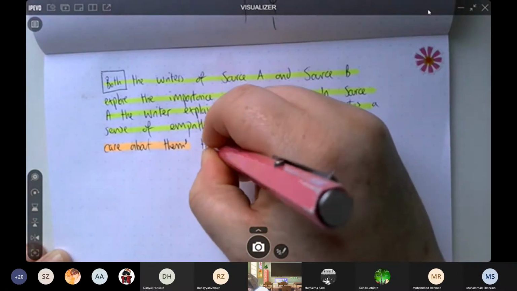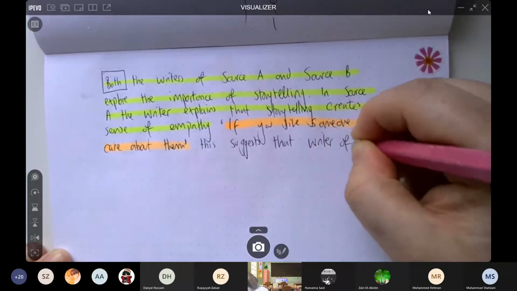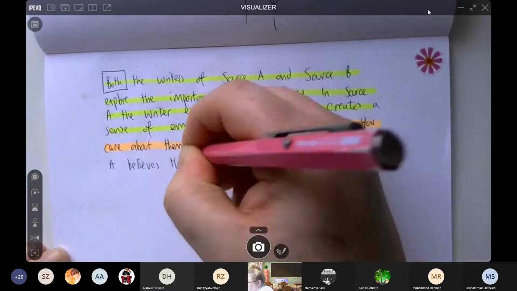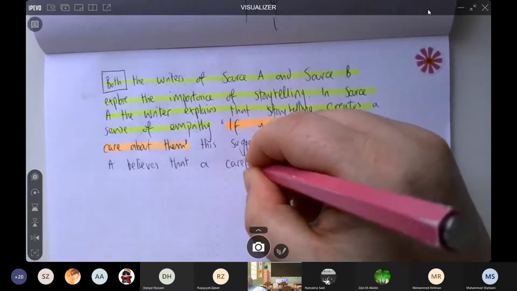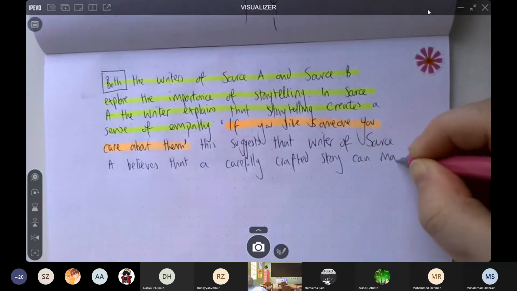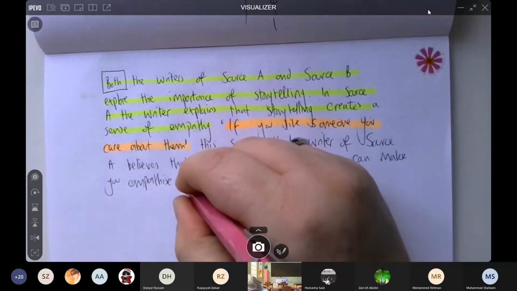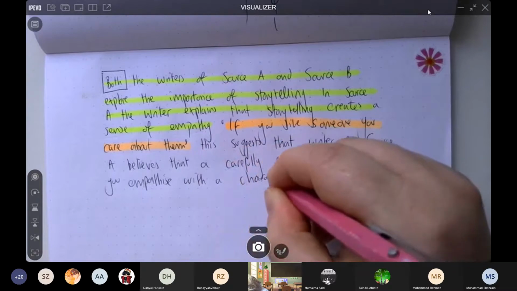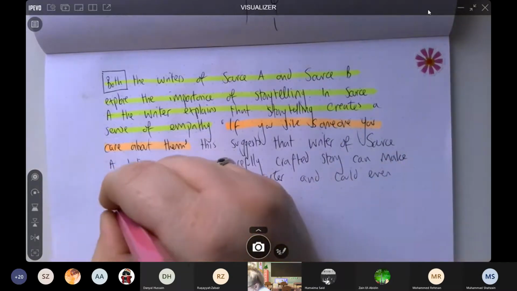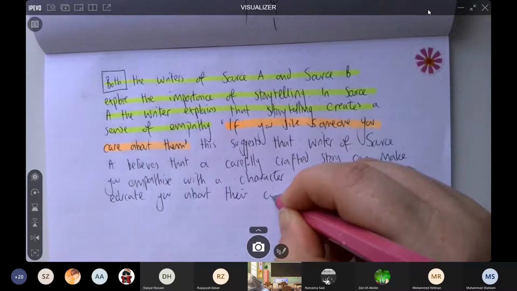So I'm going to say, this suggests that the writer of source A believes that a carefully crafted story can make you empathize with a character and could even educate you about their culture.